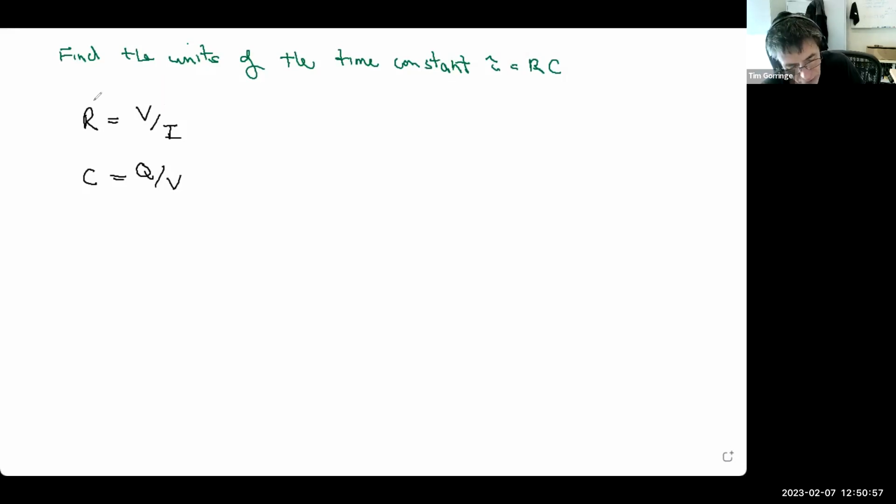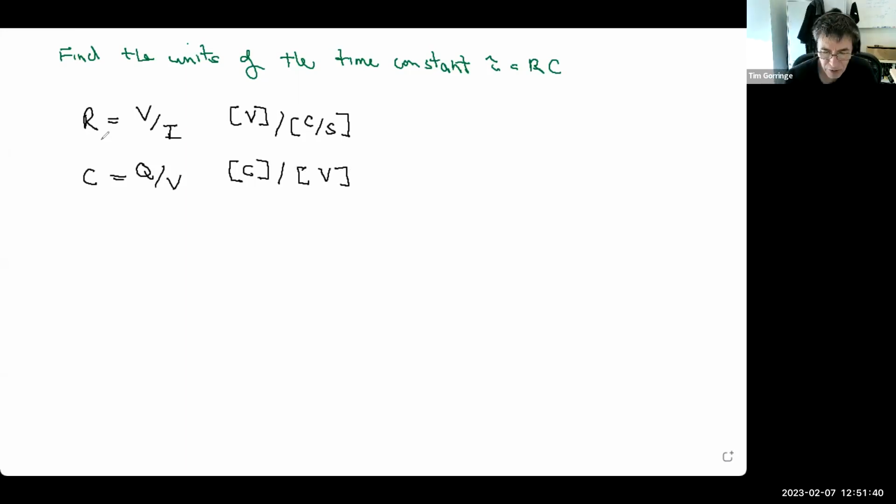So we can write the units of resistance as volts divided by the units of current, which is amps, or coulombs per second. And we can write the units of capacitance as the units of charge, coulombs, divided by the units of potential difference, volts.